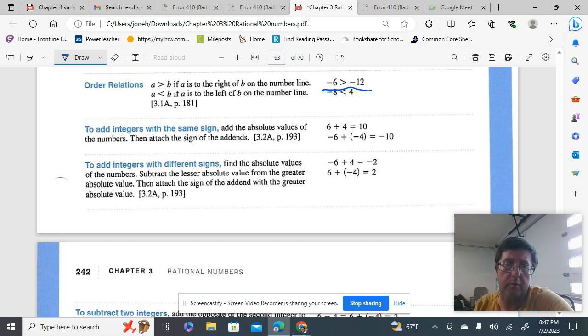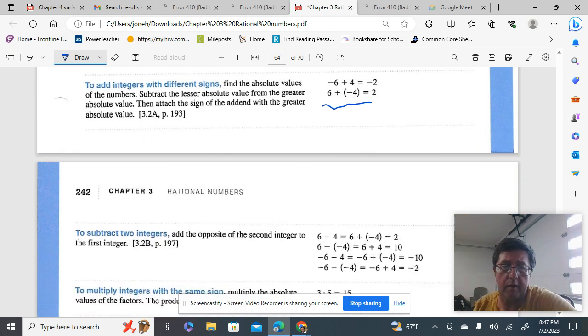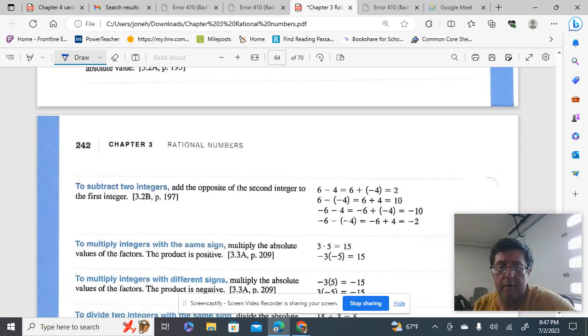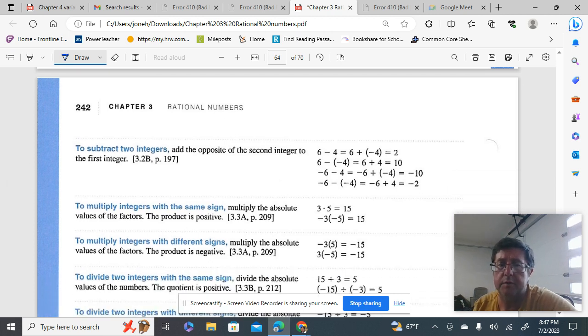To add integers with different signs, you would do -6 plus 4. That would be -2. Now, if you took 6 plus -4, you could just do 6 minus 4 if you wanted to, but you guys are using calculators, so don't sweat this. I encourage you guys to seek out understanding of it, but for right now, just concentrate on using your calculator.